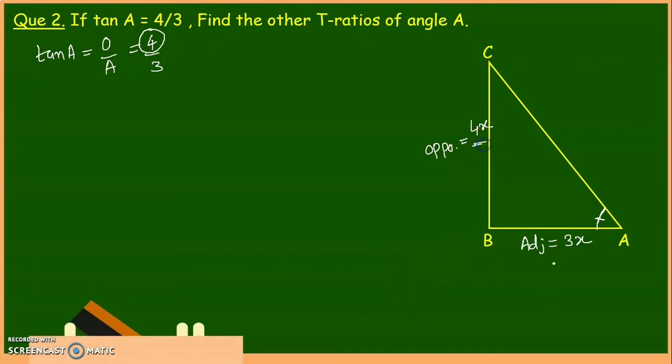Since two sides of the triangle are given, we can find the third side, the hypotenuse. Using the Pythagoras theorem, we can write AC square equals AB square plus BC square.